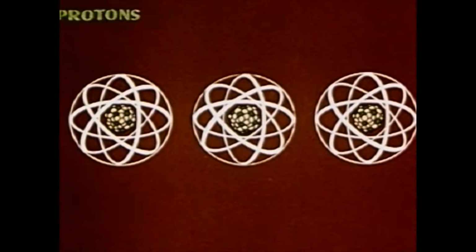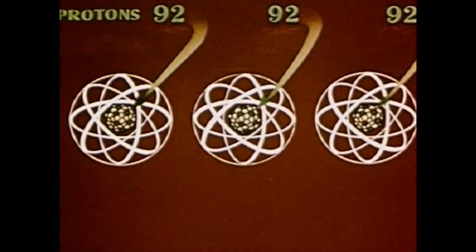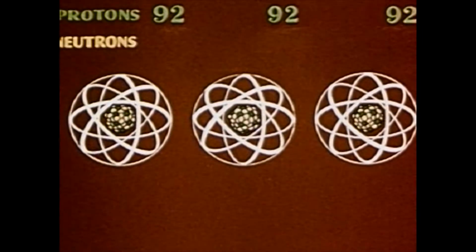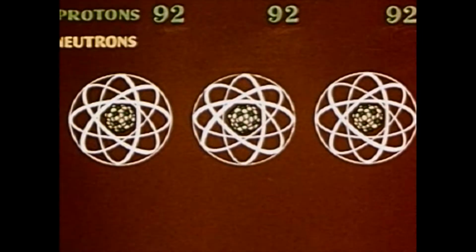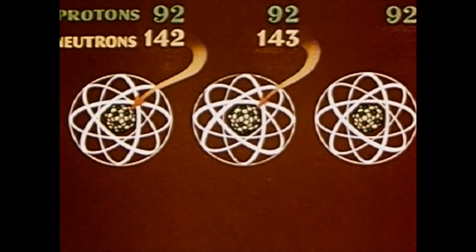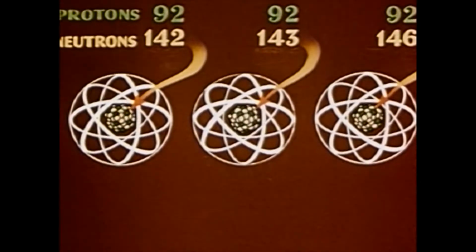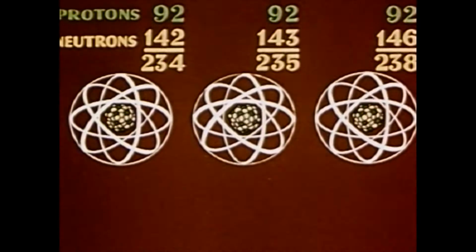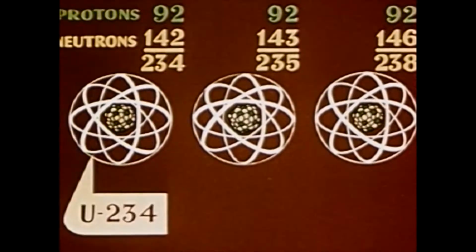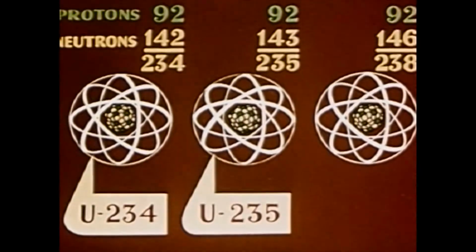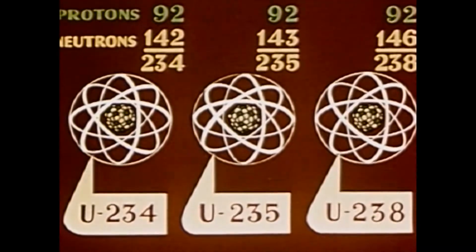The atomic weight of an atom is the number of protons plus the number of neutrons. Natural uranium may contain 142, 143, or 146 neutrons. That means uranium has 3 natural isotopes, U-234, U-235, and U-238.